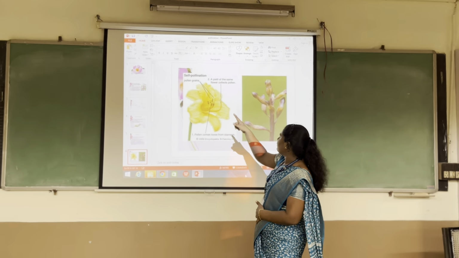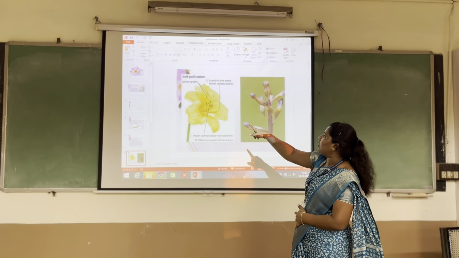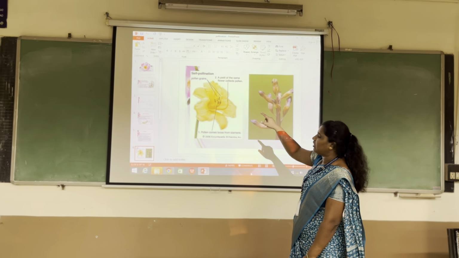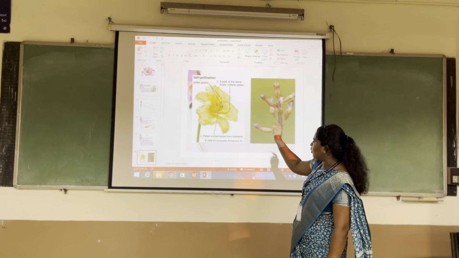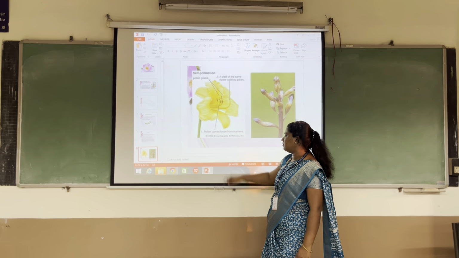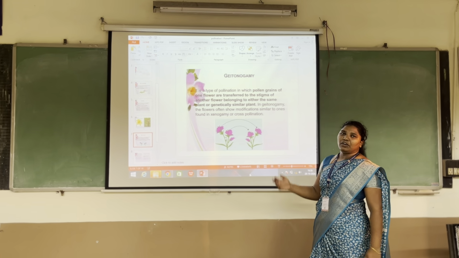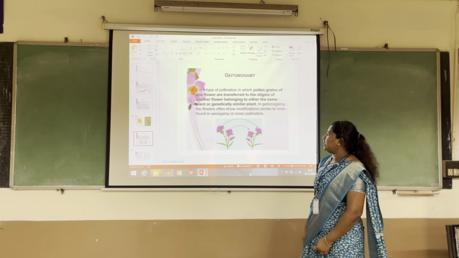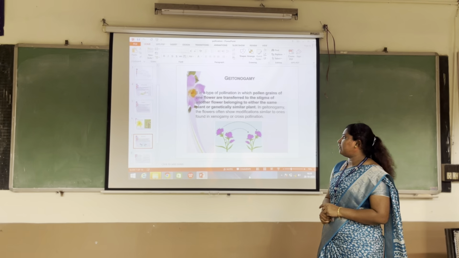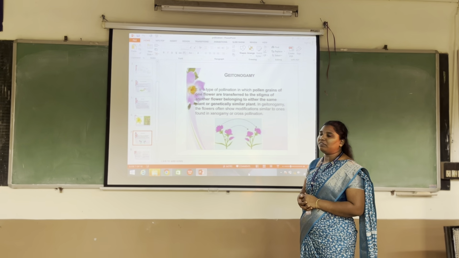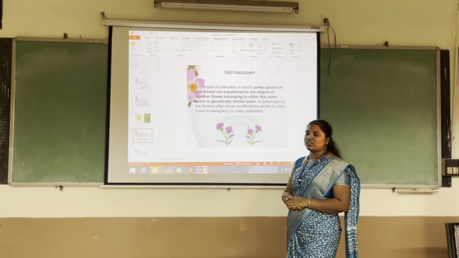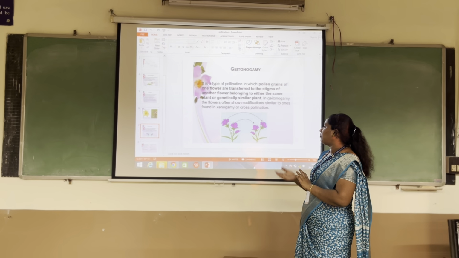Let us see the self-pollination mechanism: how the pollen grains can be seen in an open flower, how the pistil of the same flower collects the pollen, and how the pollen comes loose from the stamens. Now, what is geitonogamy? It is a type of pollination in which pollen grains of one flower are transferred to the stigma of another flower, belonging to either the same plant or a genetically similar plant.